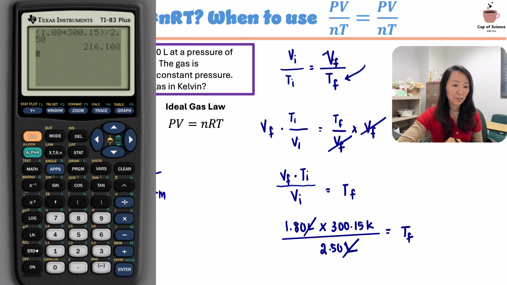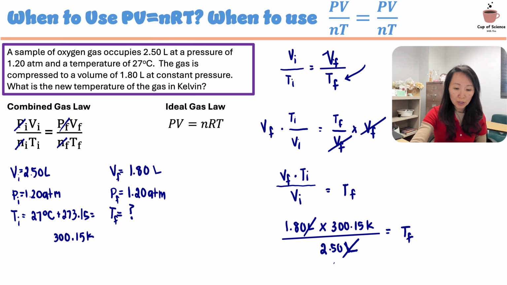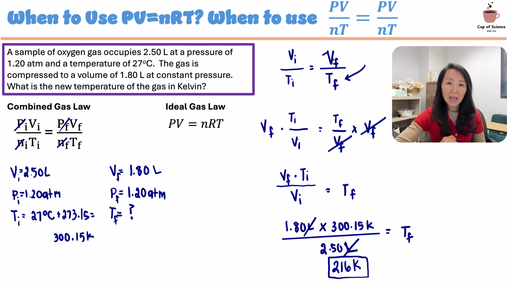And hit enter. I get 216. That's the correct sig figs, 216, and the unit is Kelvin. So by utilizing the combined gas law, we were able to get the final new temperature of the gas.